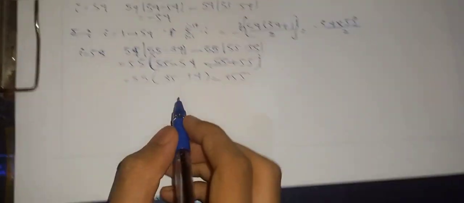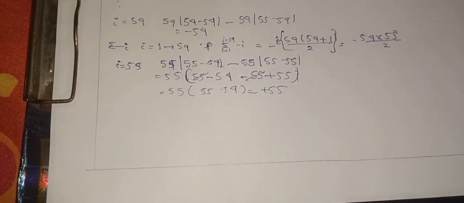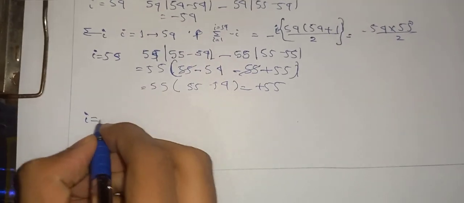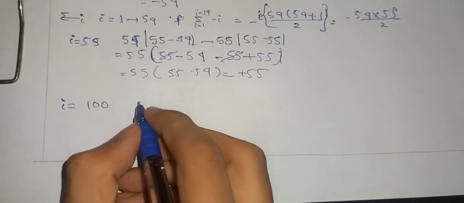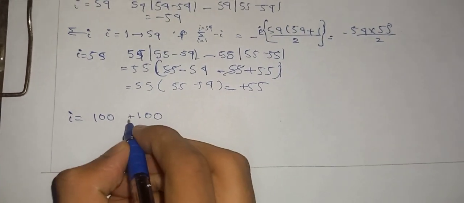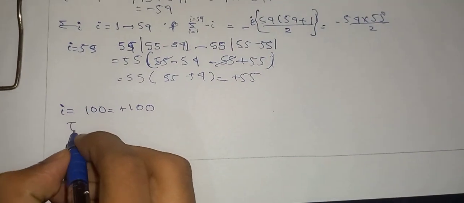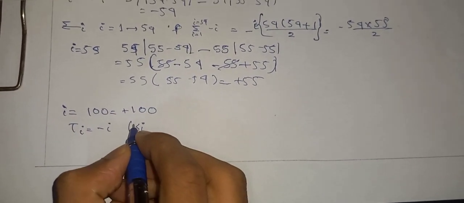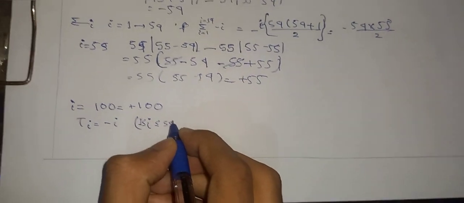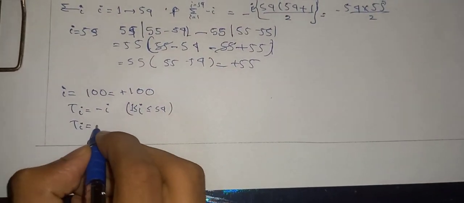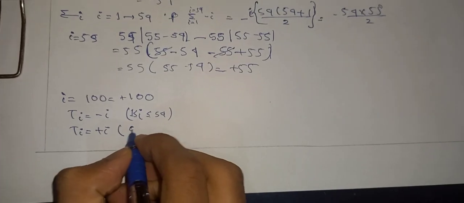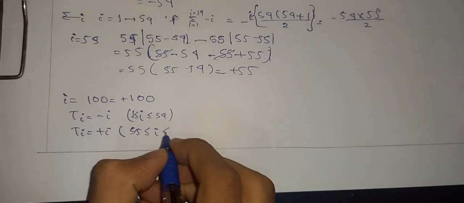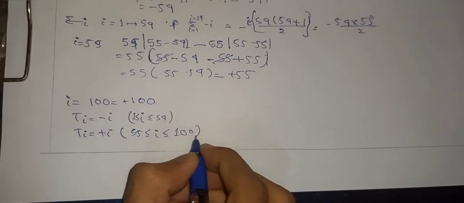So for i greater than or equal to 55 till i equals 100, we can write t_i equals minus i for i from 1 to 54, and t_i equals plus i for 55 ≤ i ≤ 100.